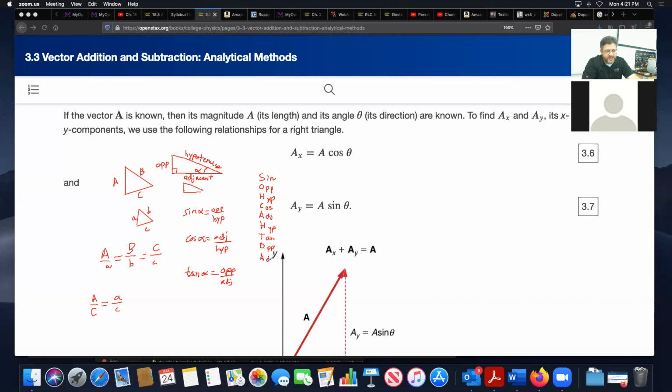And these are the three trigonometric functions that we use, and they're really just ratios of numbers in right triangles. That's all they are, ratios of sides. It's not really anything more complicated than that.